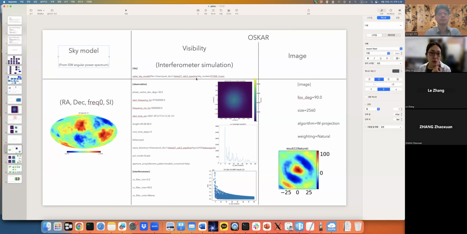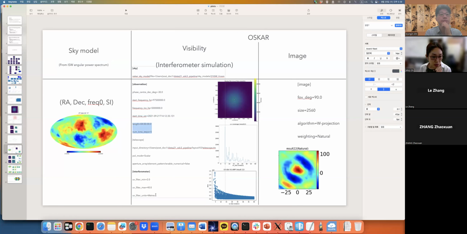The sky model file is exactly what I showed here. As SDC3A did, I chose the phase center at 0, -30 in terms of RA and Dec. This is the start observation time, for 4 hours, and we have 5 steps in time.